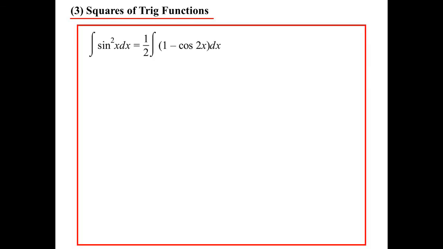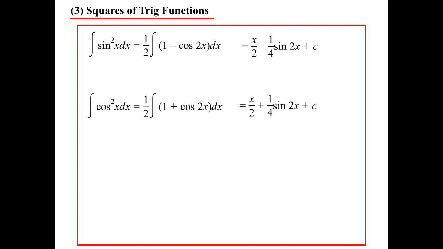Squares of trig functions. Well, we've seen this one already. For the integral of sine squared, we can rewrite sine squared as a half of 1 minus cos 2x, which then becomes x on 2 minus a quarter sine 2x. I'm not suggesting you would memorise that one. Cos squared we can rewrite as a half of 1 plus cos 2x, so we get x on 2 plus a quarter sine 2x. Now, notice this.